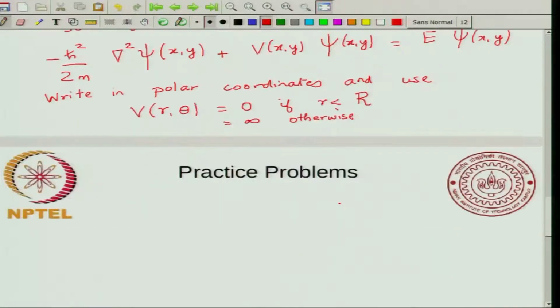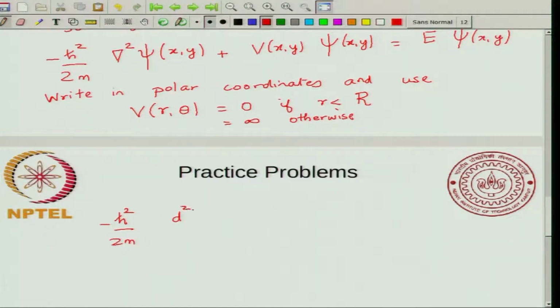Okay. So, just like in the particle in a box, what you need to do is to write this Laplacian in polar coordinates, and you need to set V equal to 0 inside the box. So, what you will get is minus h bar square by 2m times the Laplacian in polar coordinates, we have already seen that.